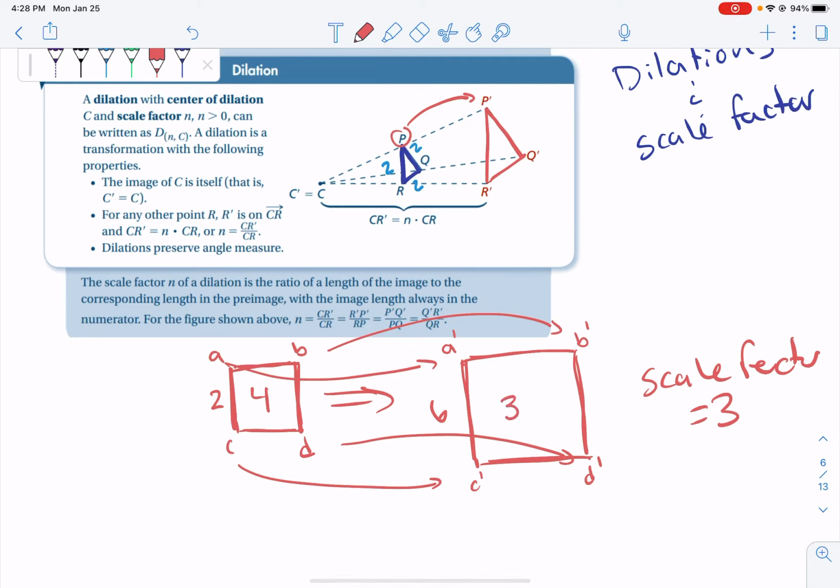This square has an area of 36. So I didn't make my square 3 times bigger. I actually made my square 9 times bigger. So we've got to be careful with our wording. What we're going to say is it has a scale factor of 3, not that it's 3 times as big, okay? It has a scale factor of 3.